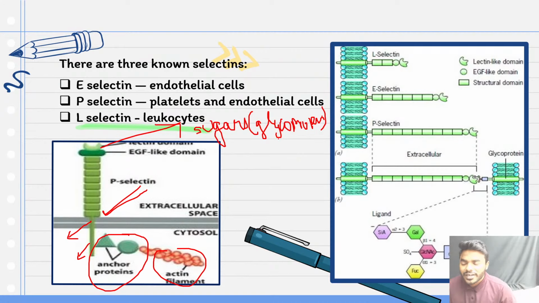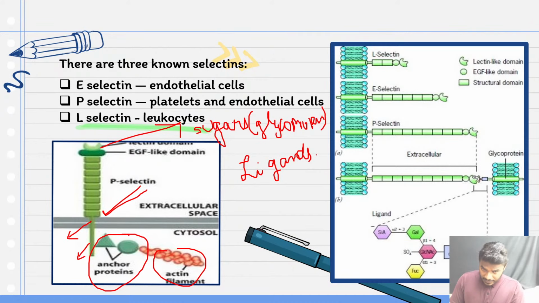Friends, please do not get confused with my words. Listen carefully. These glycoproteins, these sugars, we will be calling the ligands. Kindly do not get confused with this point. I want all the students to look into the diagram very carefully. This is the selectin, friends.